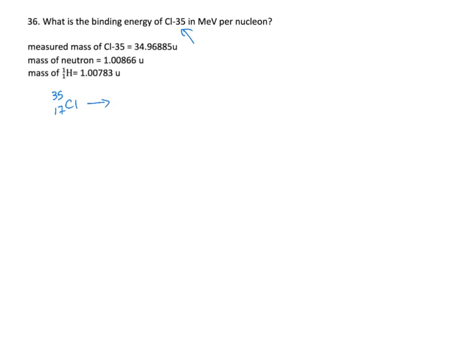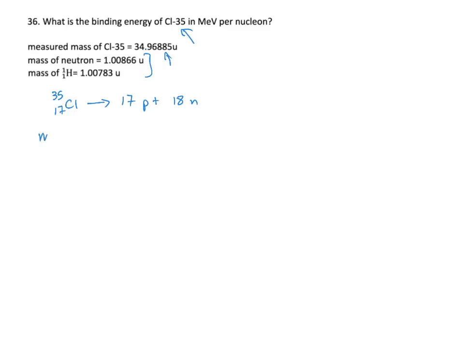This means this nucleus is composed of 17 protons and 18 neutrons. So we're going to add up the mass of 17 protons plus 18 neutrons, and compare that to the actual mass of the nucleus. The difference, again, is going to be our mass defect.